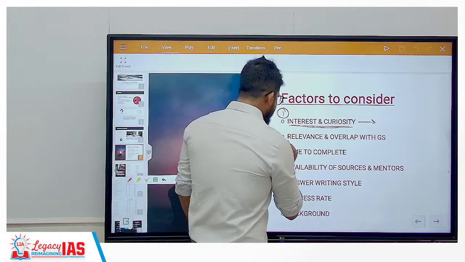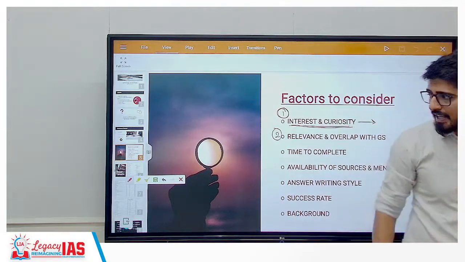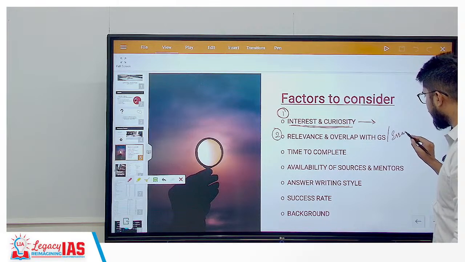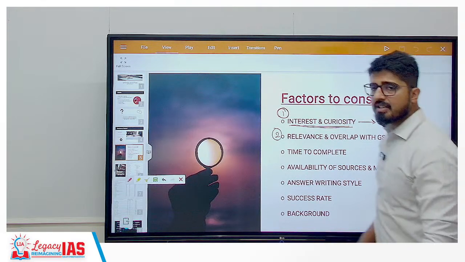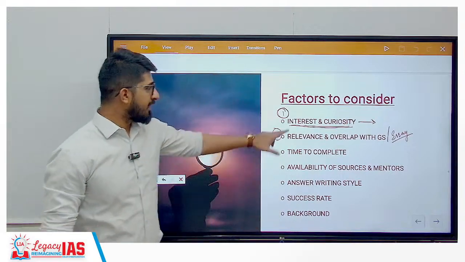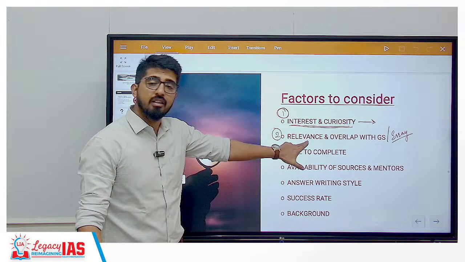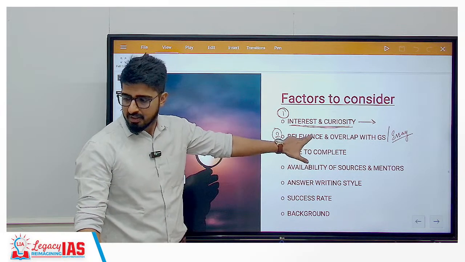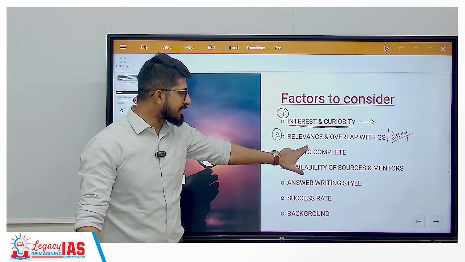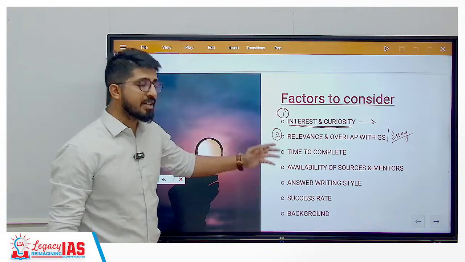The second thing is relevance and overlapping with the GS. When I say GS, it also includes your essay part. This is the second thing you can consider, but I would say that interest trumps this second aspect. So the most important aspect is interest. Second, relevance and overlap: how much overlap, how much relevance is there for the GS?